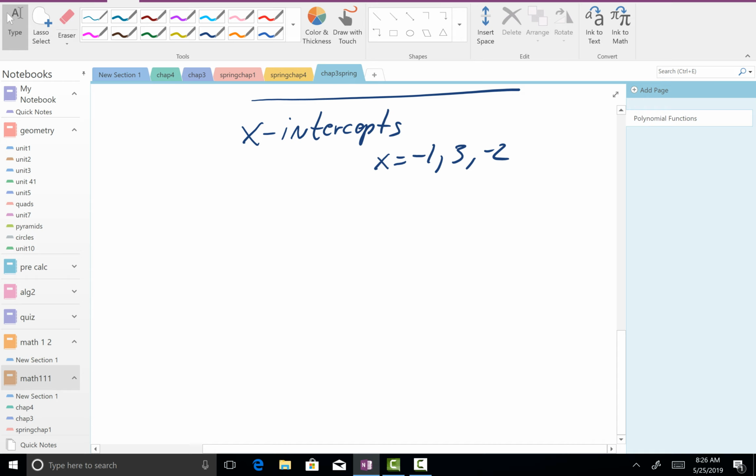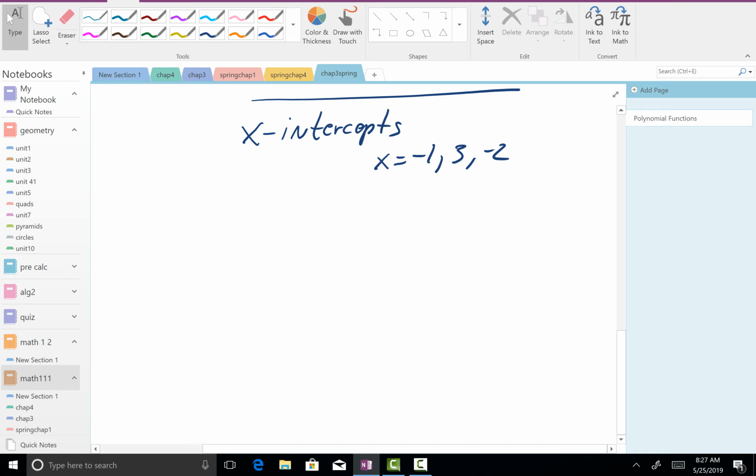If I get this just right with my window, this doesn't look like a W anymore.